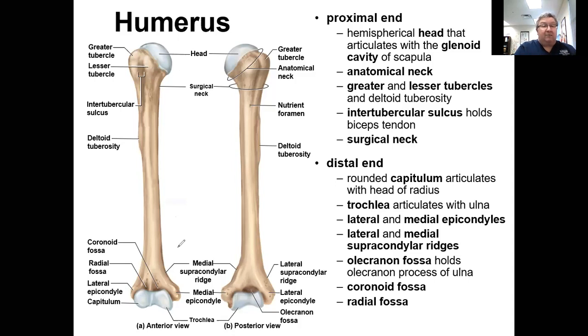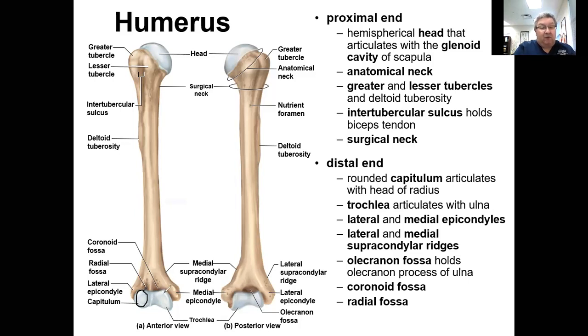In the distal end, because it's at the distal end where basically the elbow is. So there's really important parts here. The first part is this bony area here. The bony area on the lateral side is known as the capitulum. The capitulum articulates with the radius bone, with the head of the radius.